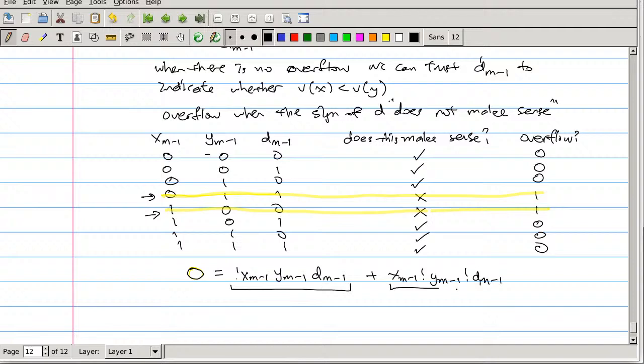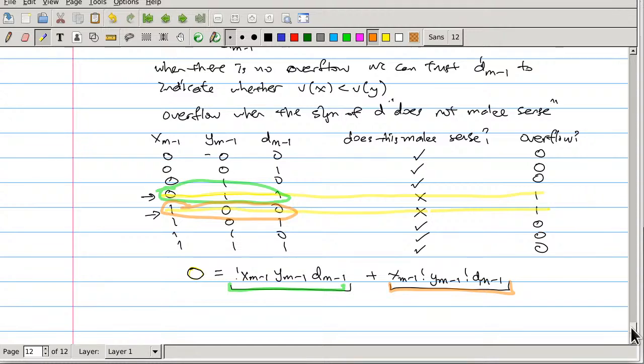So this particular conjunction is true if and only if we have this scenario happening. So if I were to use color highlighting, the green part corresponds to this, the orange part corresponds to this. And these are the only two scenarios where we have an overflow.